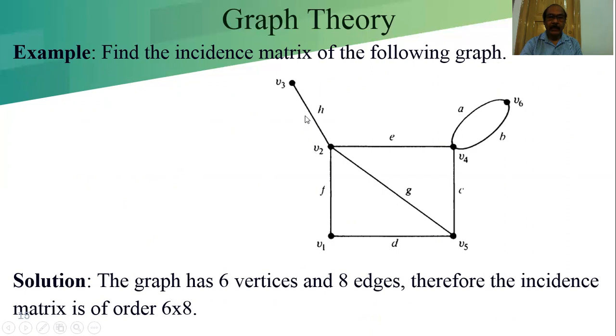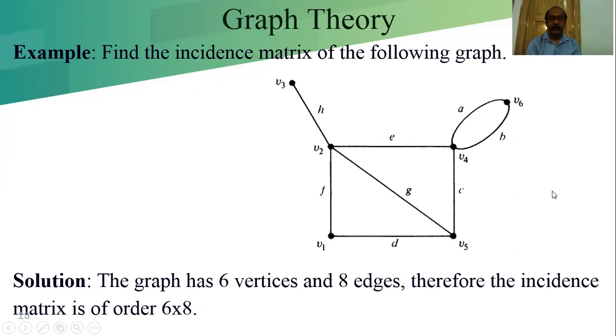How many vertices are there? V1, V2, V3, V4, V5, V6. That means we have to take 6 rows. And how many edges are there? 4, 5, 6, 7, 8. So we will get 8 columns in the incidence matrix.